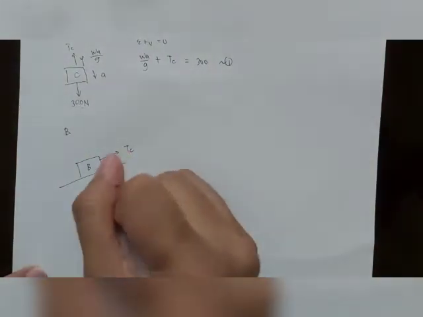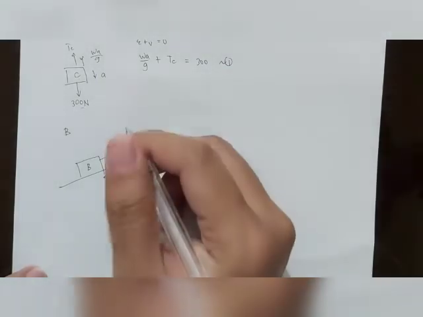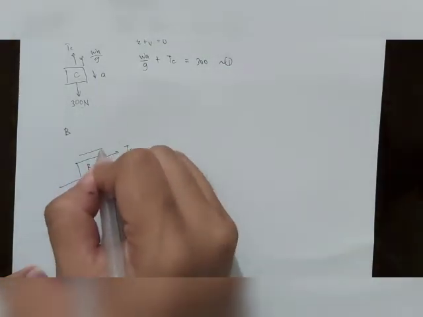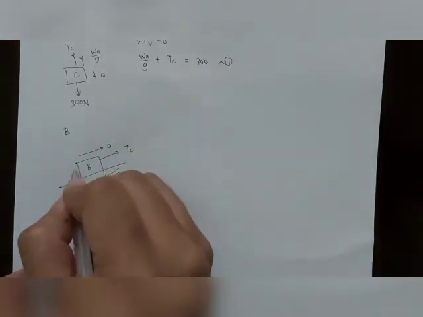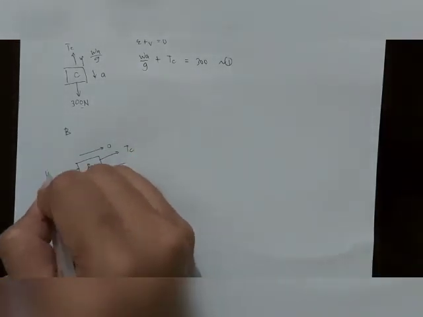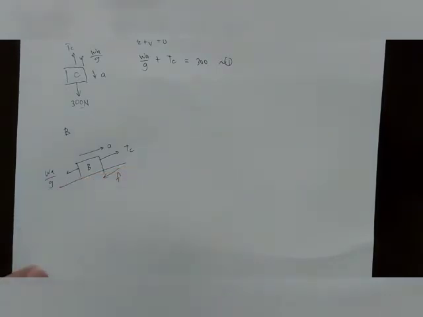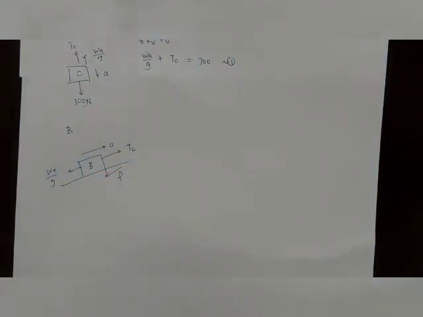So we have friction going to this side. And the acceleration is also going this side. Parang sa block C lang. So same for the mass, which is WA over G. Punta siya this direction. Okay.